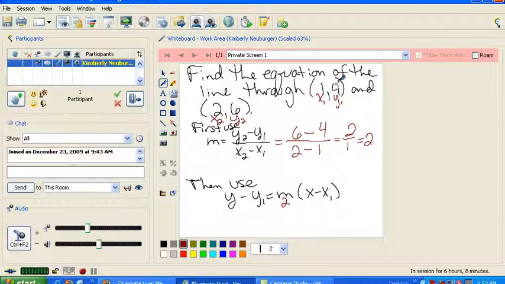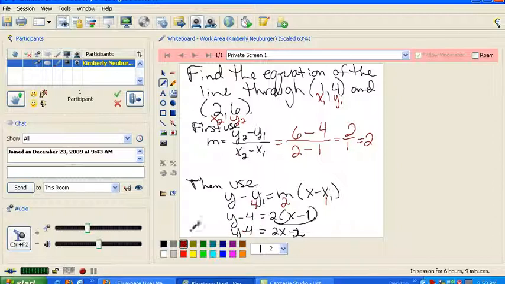So if I use (1, 4), this y1 is going to turn into a 4, and this x1 is going to turn into a 1. That gives me y minus 4 equals 2 times x minus 1. Now we distribute, and we get 2x minus 2.